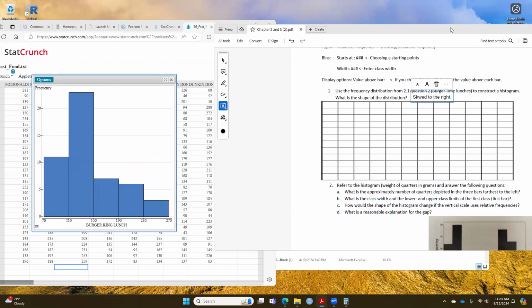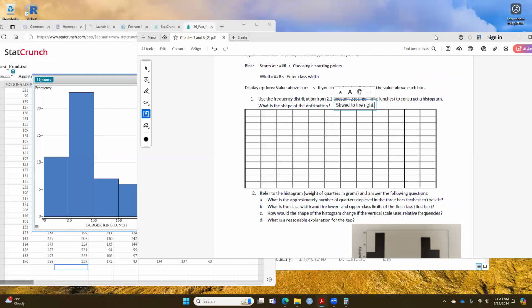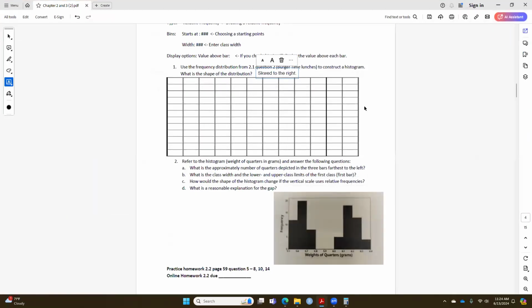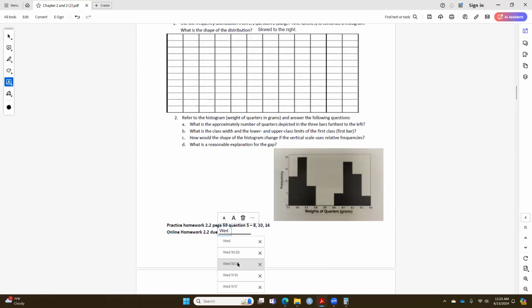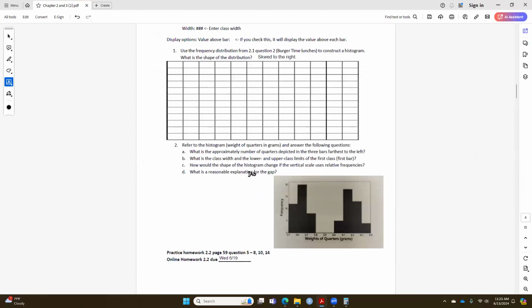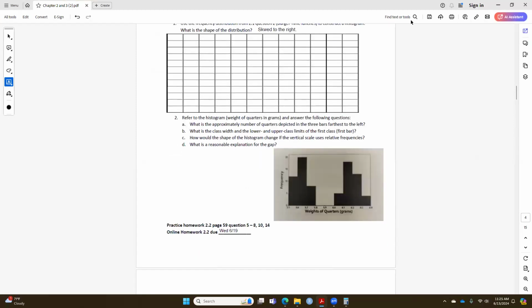Okay, so we're going to do a little bit more. I know it's almost time, so we're going to finish out this question 2, and then you guys can finish your homework. So again, this homework is due by Wednesday the 19th. Okay, so question 2 is referring to this graph. I know it's a bit hard to read.